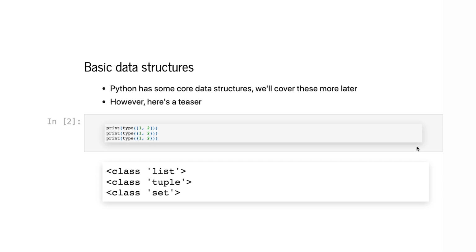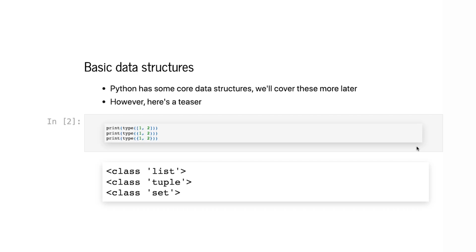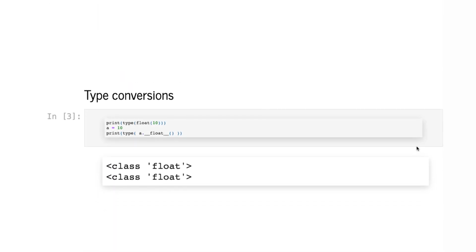Lists are very general in Python. A list can contain lists, functions, just about anything else. A tuple is created using parentheses, and a set is created using curly braces. We'll talk more about the differences between these later.